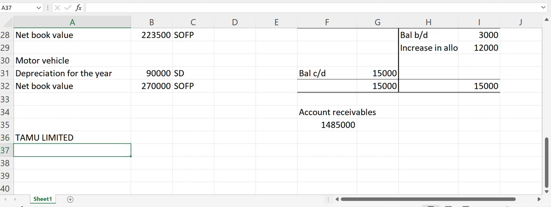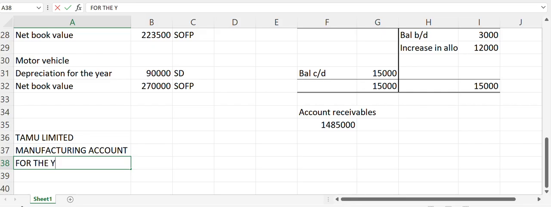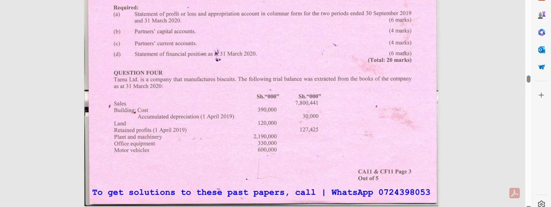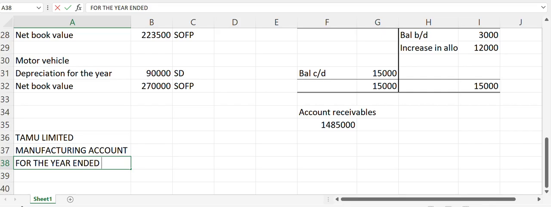Term Limited manufacturing account for the year ended 31st March 2020.